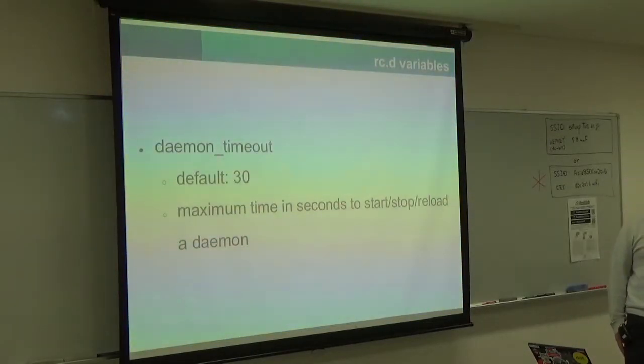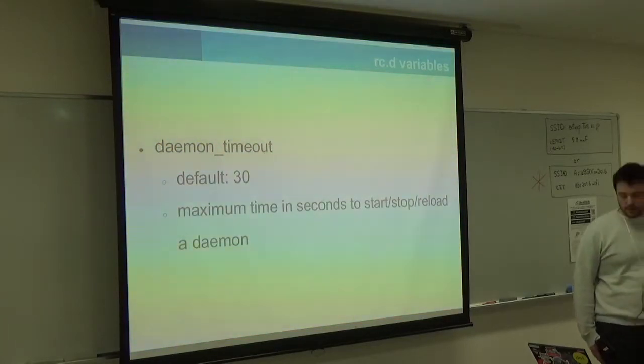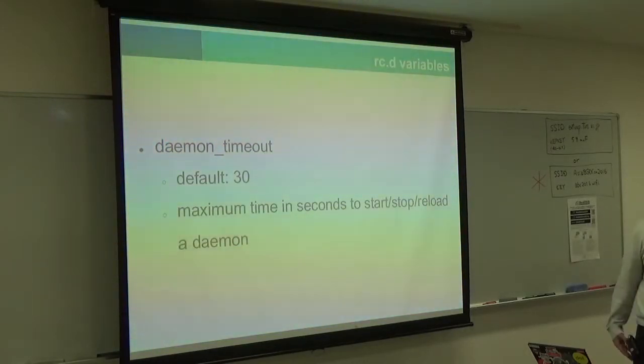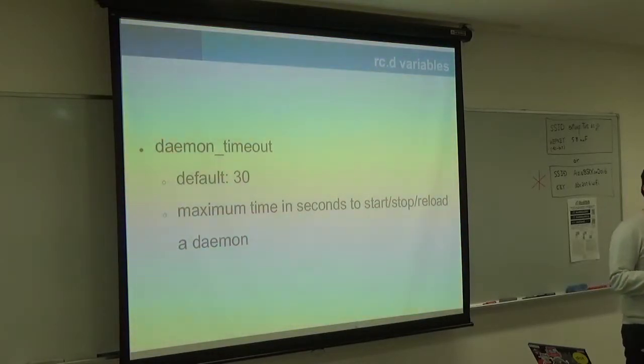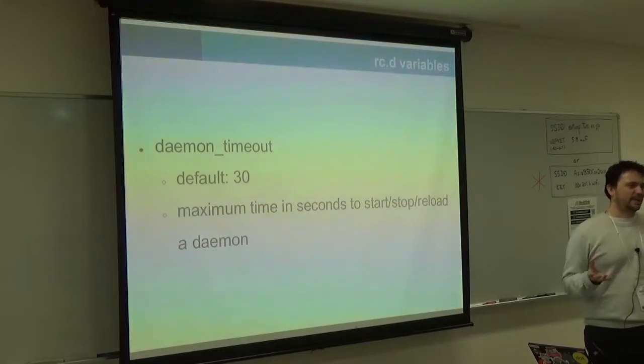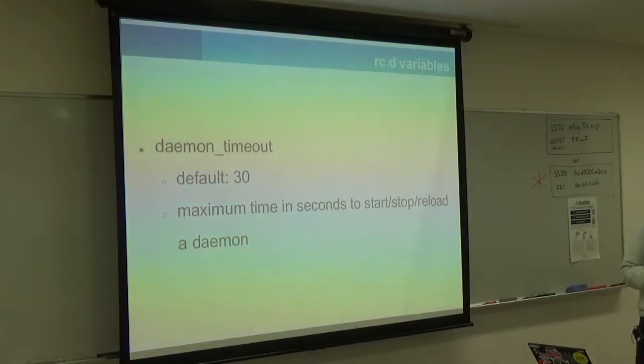daemon_timeout, which defaults to 30 seconds. It represents the maximum time in seconds that rc.d will wait until a daemon is considered started, stopped, or reloaded. There's some daemons like Squid or big databases which may require more than 30 seconds to stop.